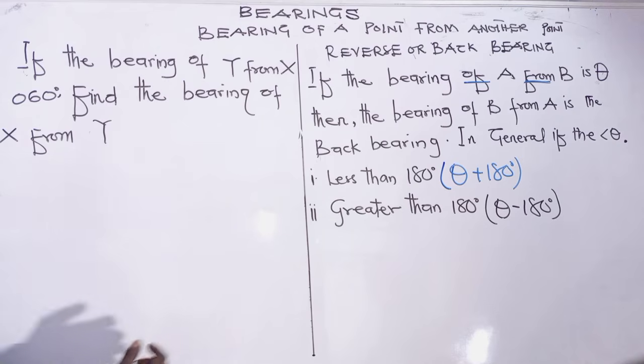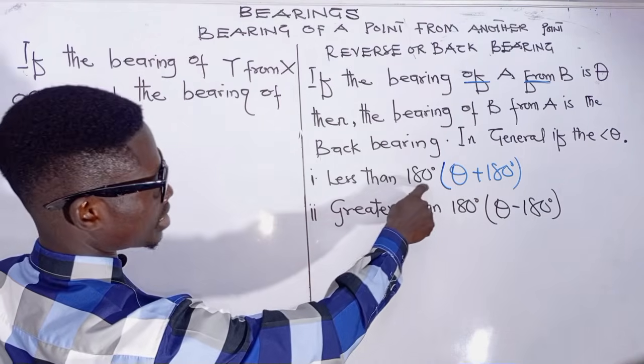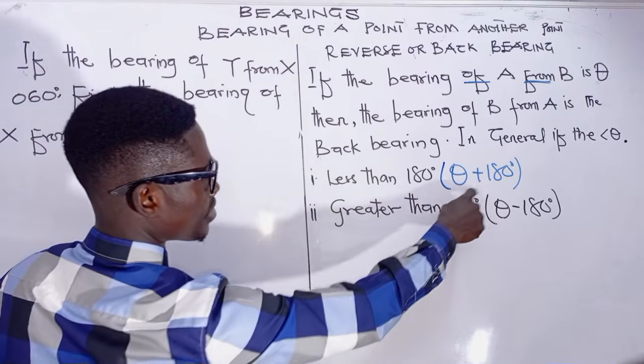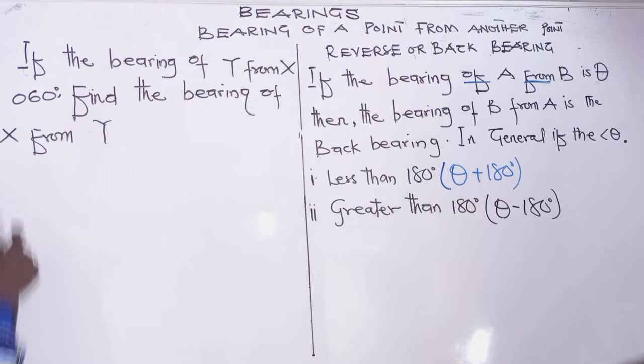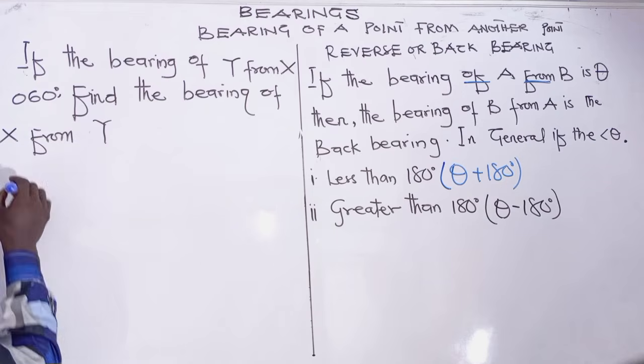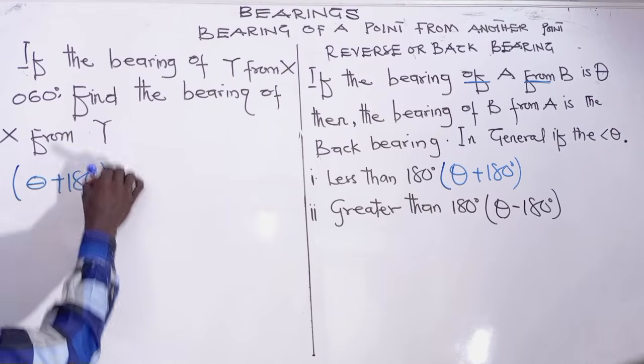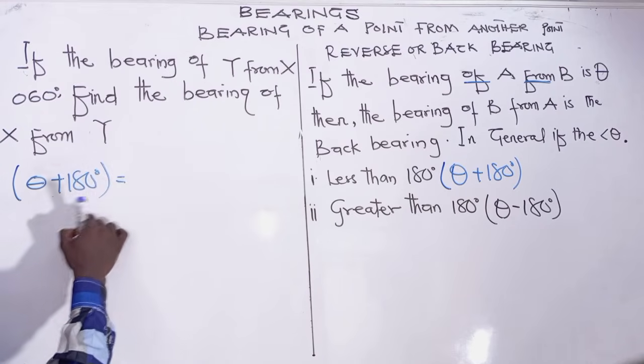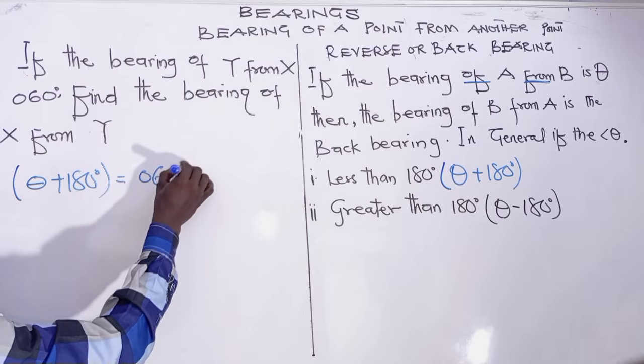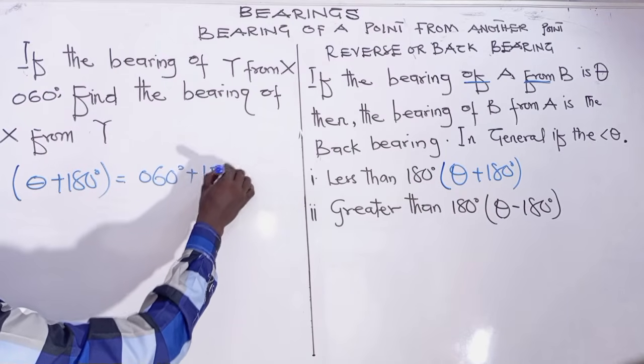We are saying that if the angle given is less than 180 degrees, we add the angle given to 180 degrees. This angle is less than 180 degrees, so we are going to have theta plus 180 degrees, and theta is 60 degrees. So we have 60 plus 180.